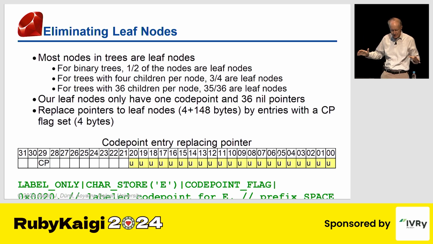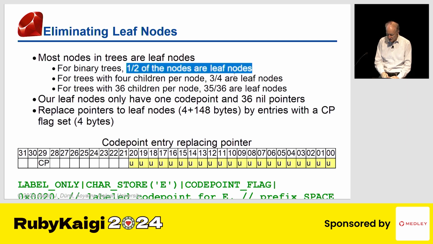when you learn about trees, if you ever did that in a computer science data structure class or whatever, one of the very important things that you have to learn is that in trees, most nodes are leaves. For binary trees, half of the nodes are leaves.